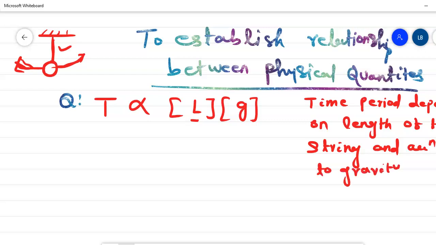Then find out the relation between them. This is the question.